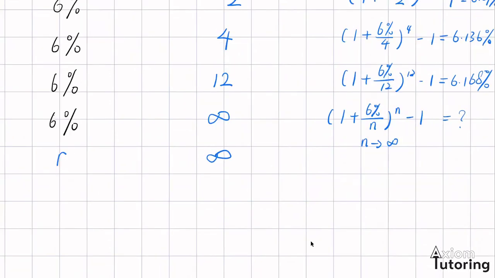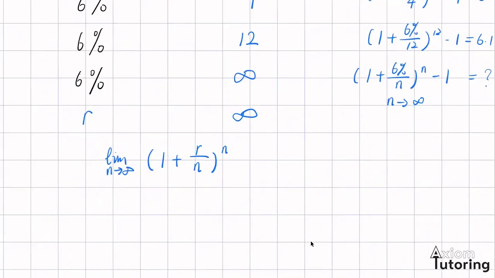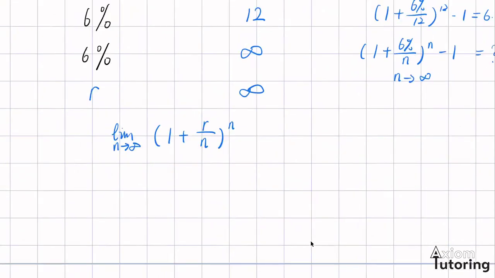We're basically trying to answer the question of what is 1 plus R over n, to the power of n, with the limit as n approaches infinity. This is one of the most famous mathematical expressions, and we're trying to prove that it converges to a single number rather than diverging. So how do we prove this?